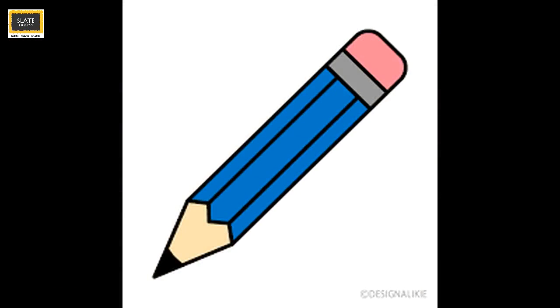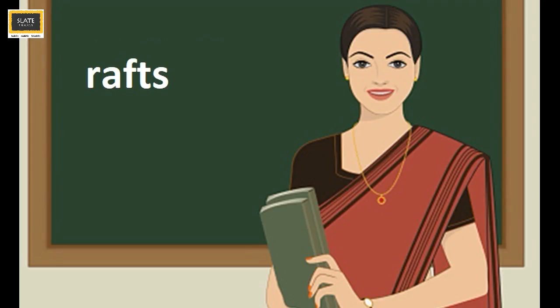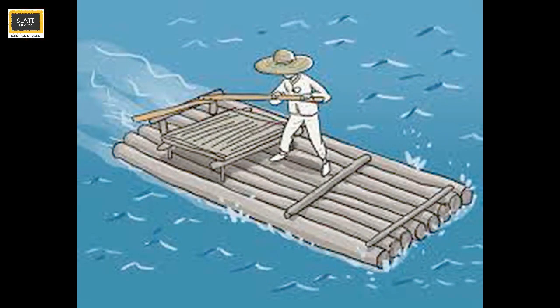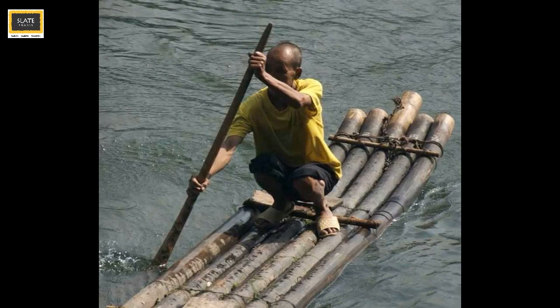Slaters, underline the word rafts. R-A-F-T-S, rafts. It means a flat structure made of wood which are fastened together and used as a boat. These rafts are usually used for traveling on water.